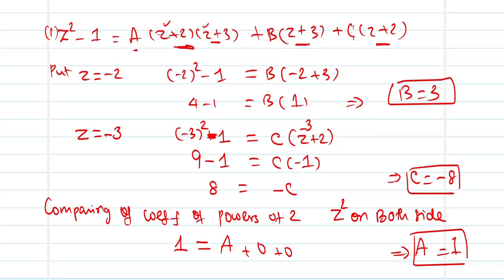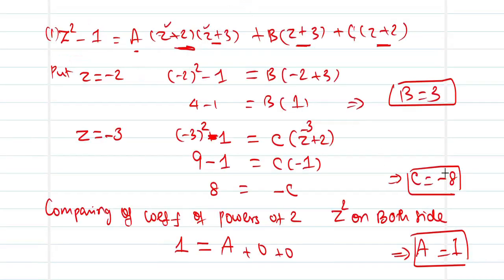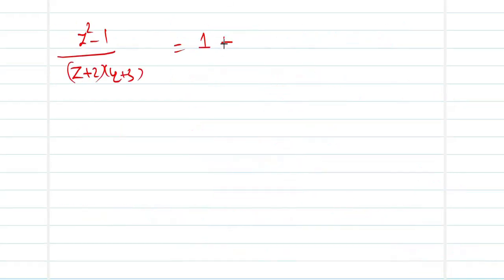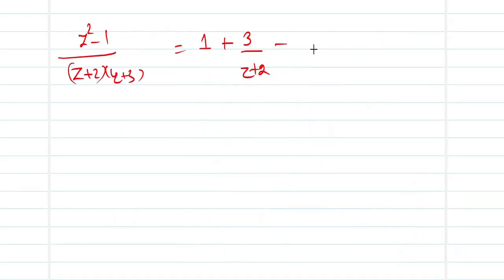Now put it back in your fraction so that we have (z square minus 1) by (z plus 2)(z plus 3) equal to a, which is 1, plus b was equal to 3, so 3 divided by z plus 2, minus the next quantity was 8, so 8 divided by z plus 3.